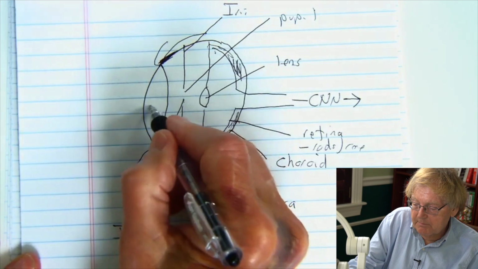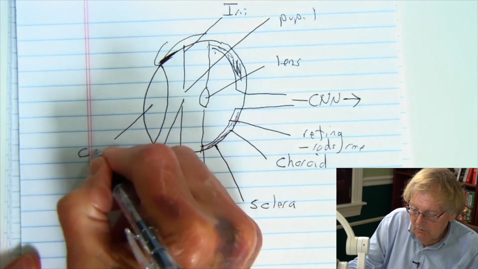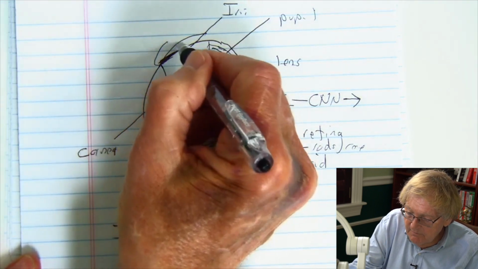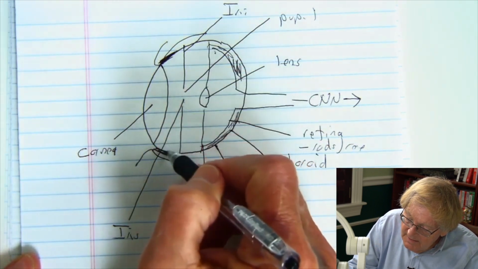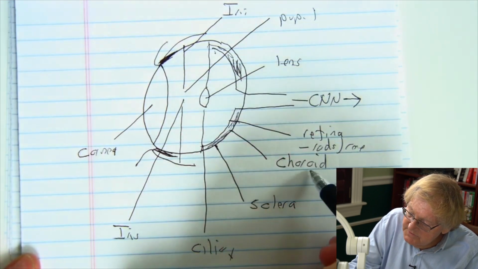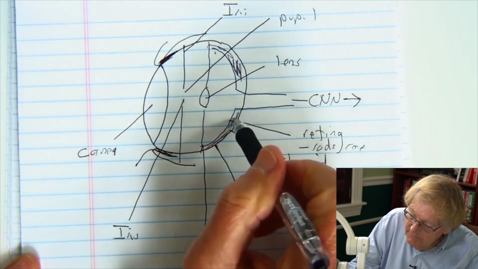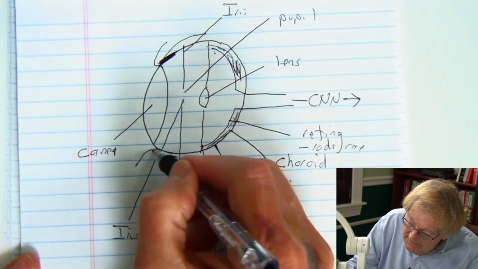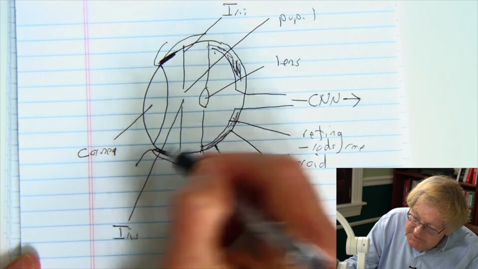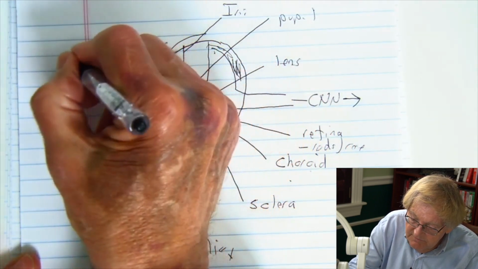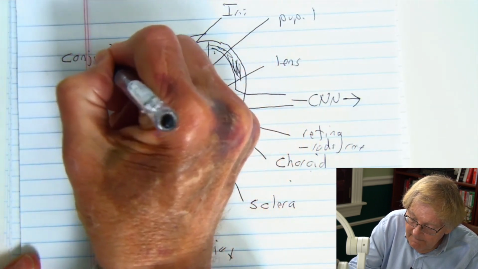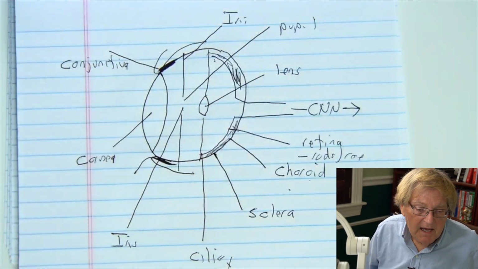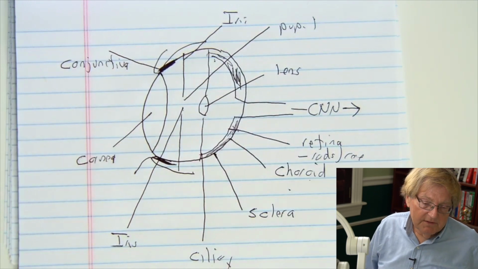And that clear portion of the eye is going to be the cornea. This is the sclera, this is the retina, this is the choroid, and right across the front, covering the anterior portion of the sclera, is going to be the conjunctiva. The conjunctiva is what's going to get red with pink eye, and that's why it's called conjunctivitis.